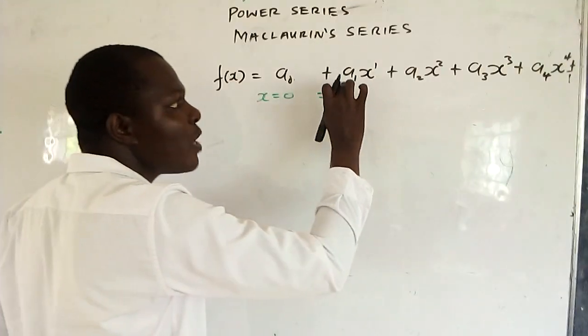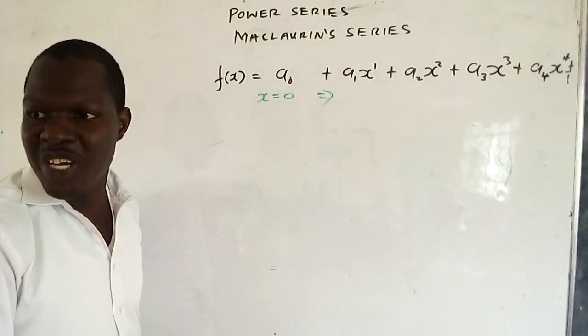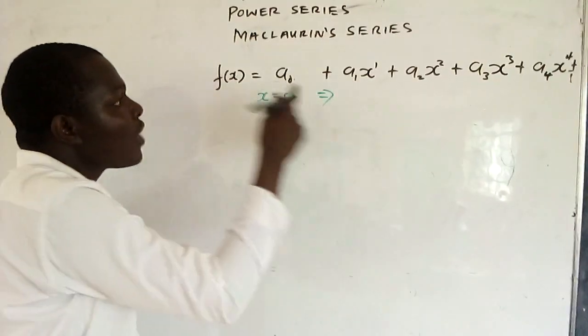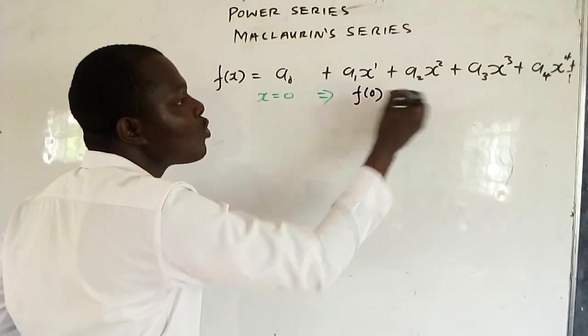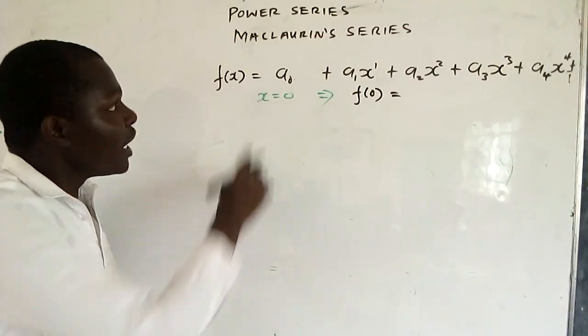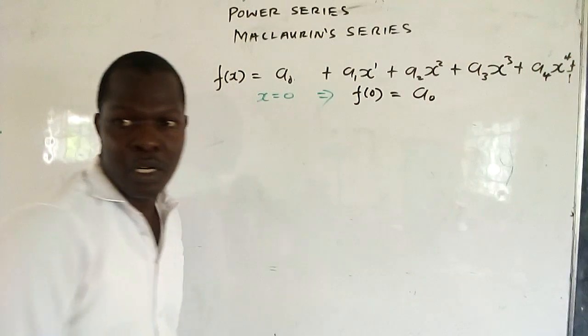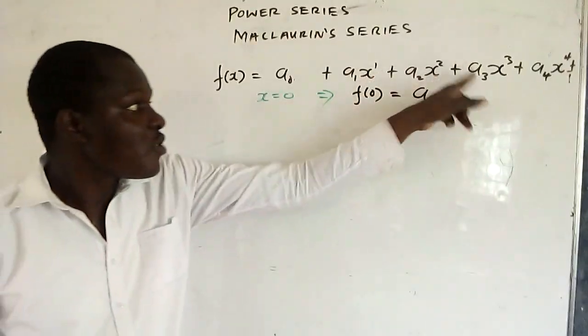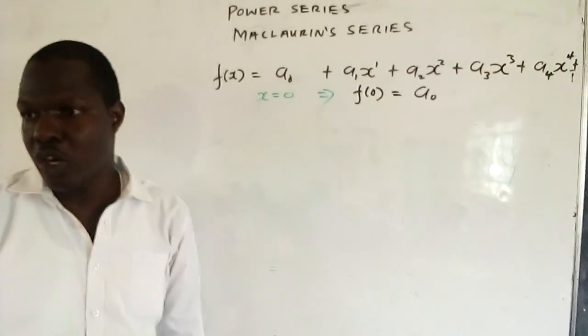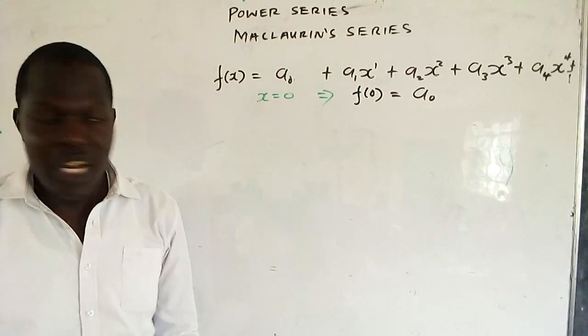Where there is x is 0, meaning all these terms will go to 0, isn't it? When x is 0, you will have f of 0 equals a_0. Are you seeing that? Where there is x, if you put 0, you get f of 0 to be a_0. Is that okay?